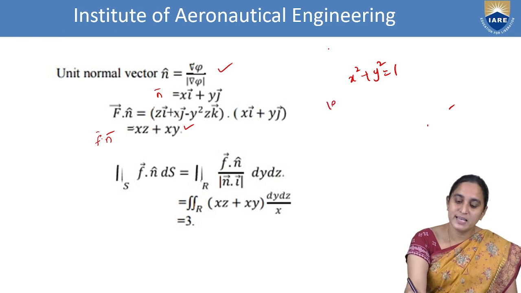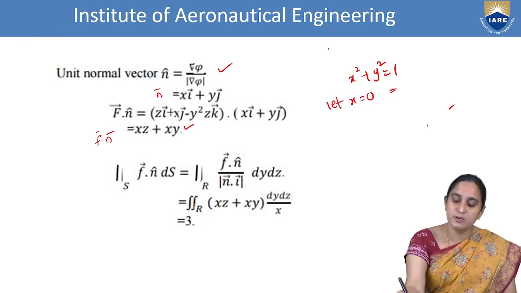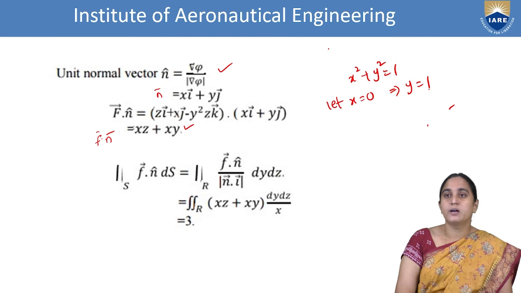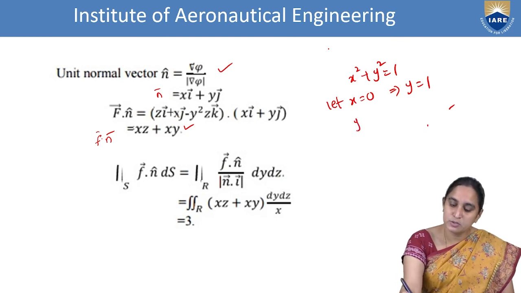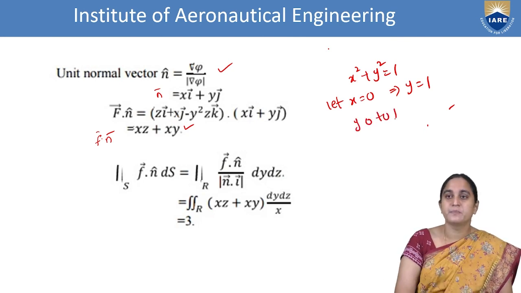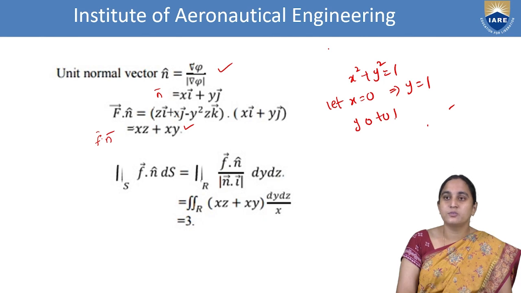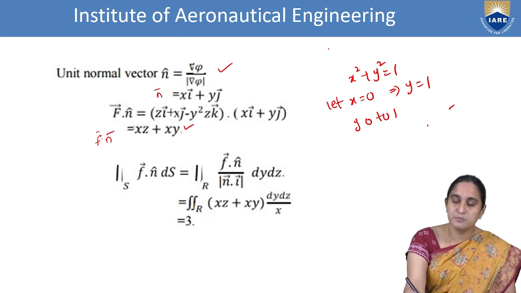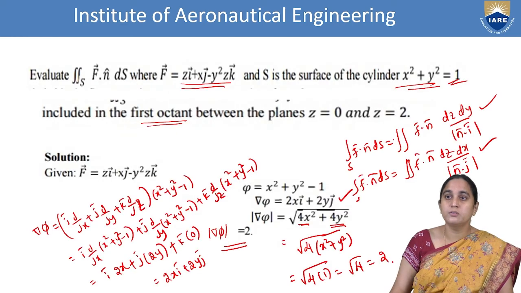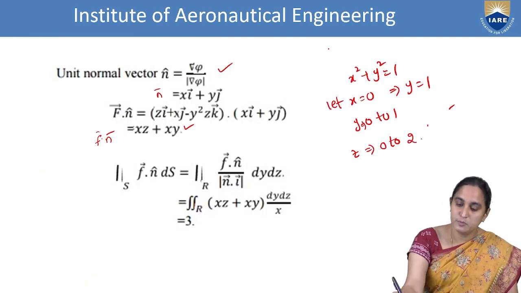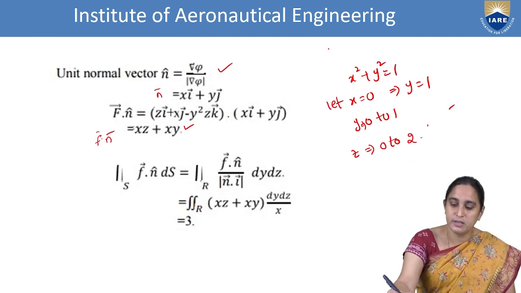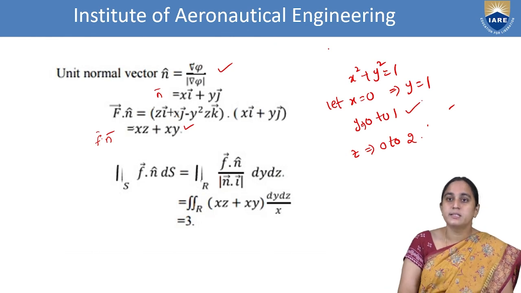Let x be 0, then we get y limit point 1. Therefore y passes through 0 to 1, and the z limit points, directly given in the question, are 0 to 2.